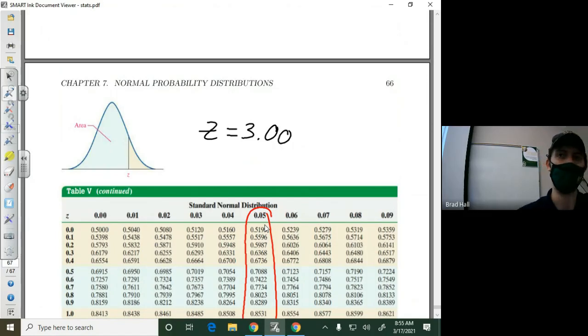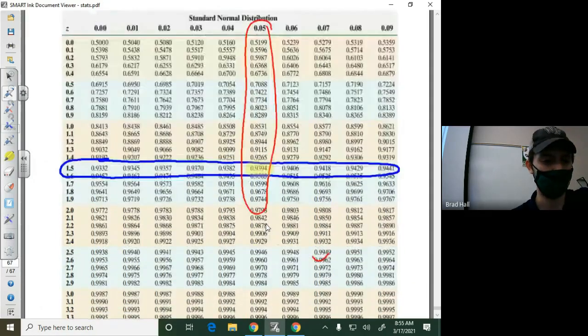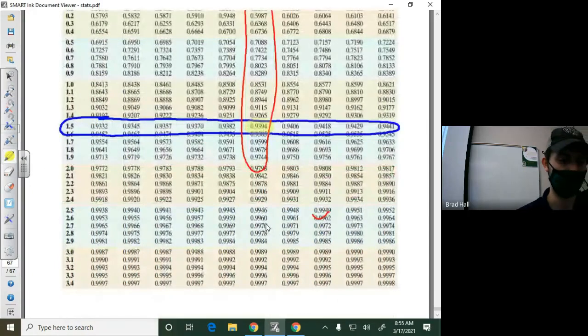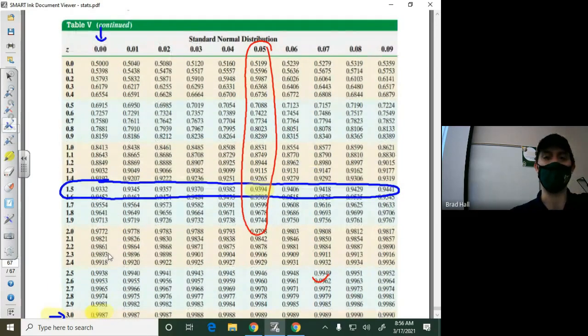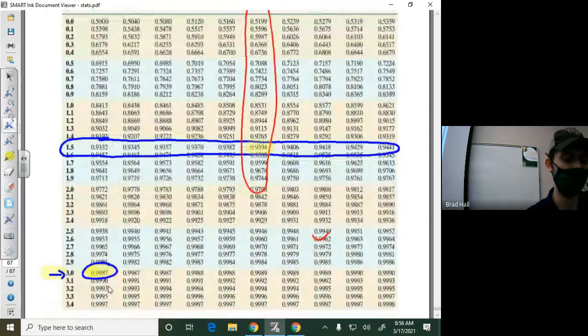So 3 corresponds to 3.00, and we can find that value. Hopefully it's clear to everyone that we can find that value right here. It's 3.0, it's right here. And then the first column is 0 in the hundredths place. So it would be 0.9987.